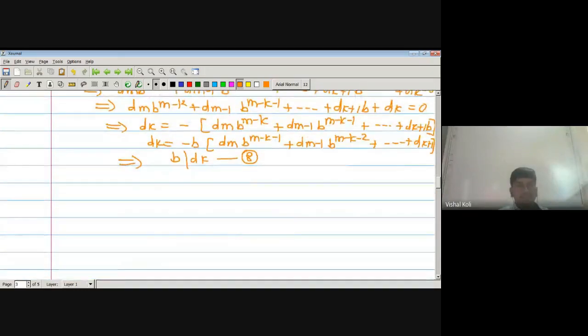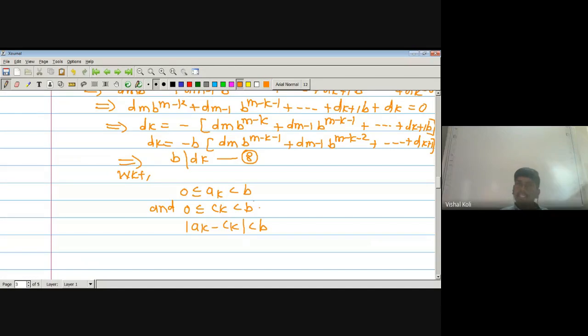As here we know, or it is given, that each ak lies between 0 and b, that is 0 is less than or equal to ak, which is less than b, and also each ck is between 0 and b. So if ak is greater than or equal to 0 and less than b, and similarly ck is greater than or equal to 0 and less than b, then ak minus ck, whether it is positive or negative, that is the modulus of ak minus ck, must be less than b.